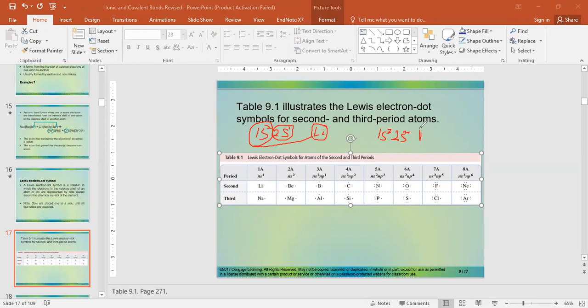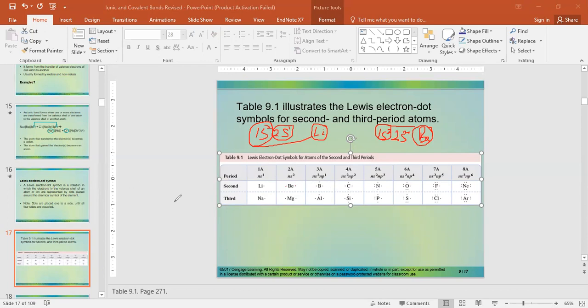So the moment we write beryllium, Be, that one already carries the innermost electrons, and the innermost electrons are these ones here. And therefore, we are left with two valence electrons, which if you look at this diagram here, we have a dot here and another dot there for the two electrons.